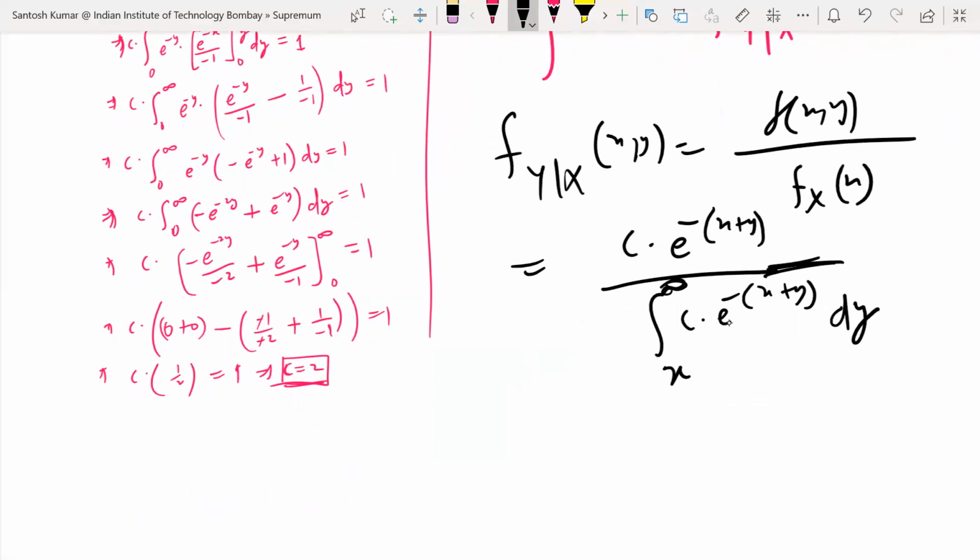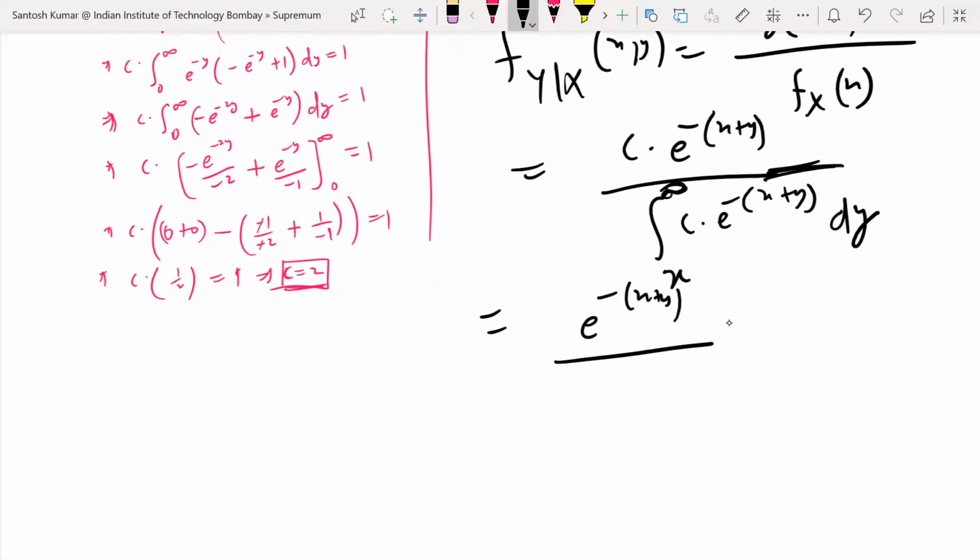You will take a vertical strip. So c will cancel out. The numerator is e raised to the power minus x plus y, and the denominator is what we have to integrate. With respect to y, e raised to the power minus x will come out.